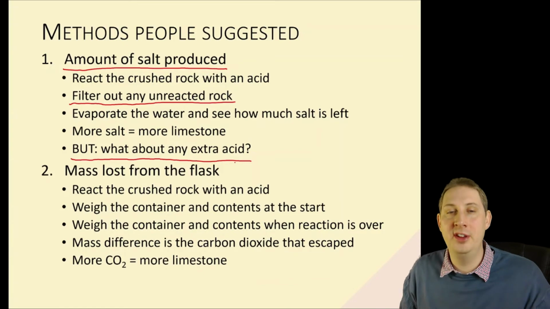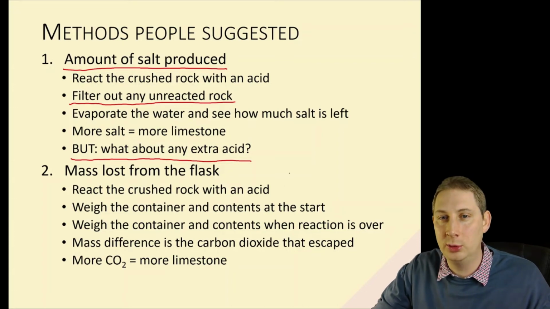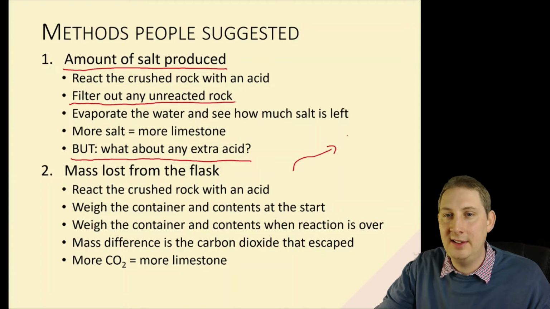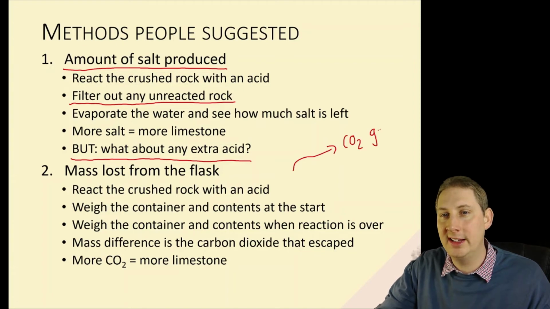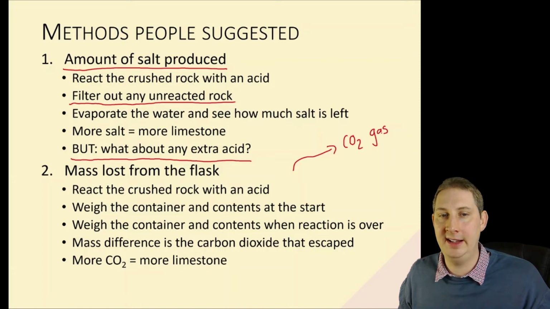A second method that was very workable is the mass lost from the flask. So people worked out, and this is what I was trying to guide you towards, that the reaction gives off carbon dioxide gas. So you react the crushed rock with an acid, you weigh the container and the contents at the start, you weigh the container and the contents when the reaction is over, and the mass difference tells you the mass of carbon dioxide that escaped.